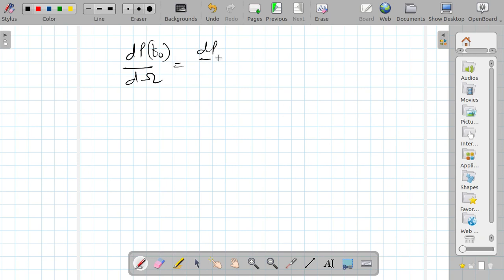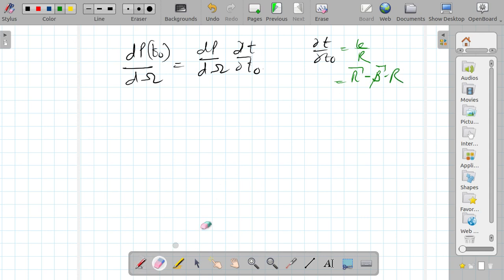It can be expressed as dP over d sigma into dt over dt naught, but dt over dt naught is equal to R over R, which is 1 minus beta dot n cap, and this can be ignored here.